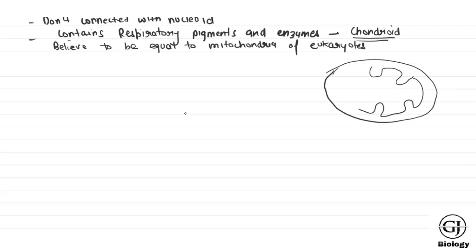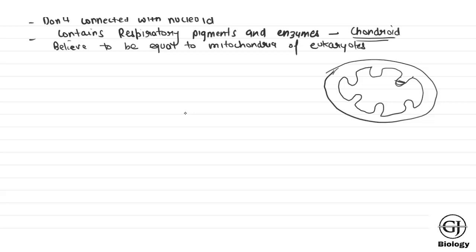Just like the mesosomes in a prokaryotic cell, in mitochondria the inner membrane is also present in infolded form, and these infoldings are called cristae.